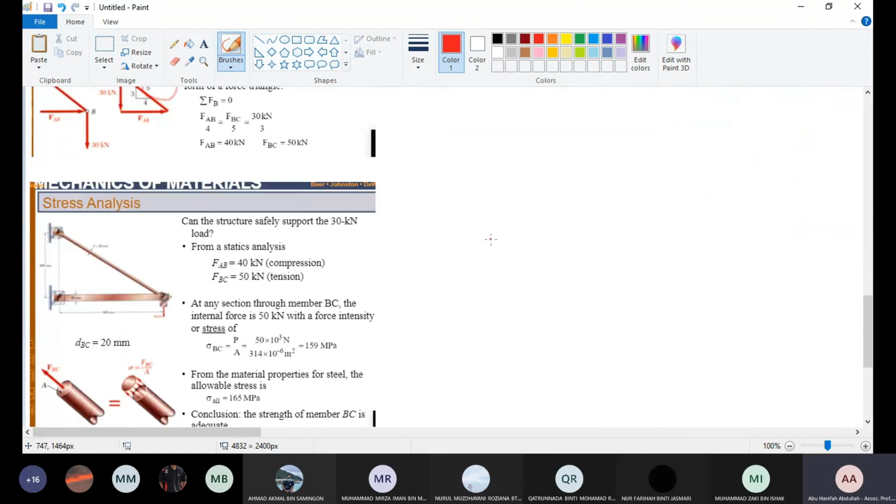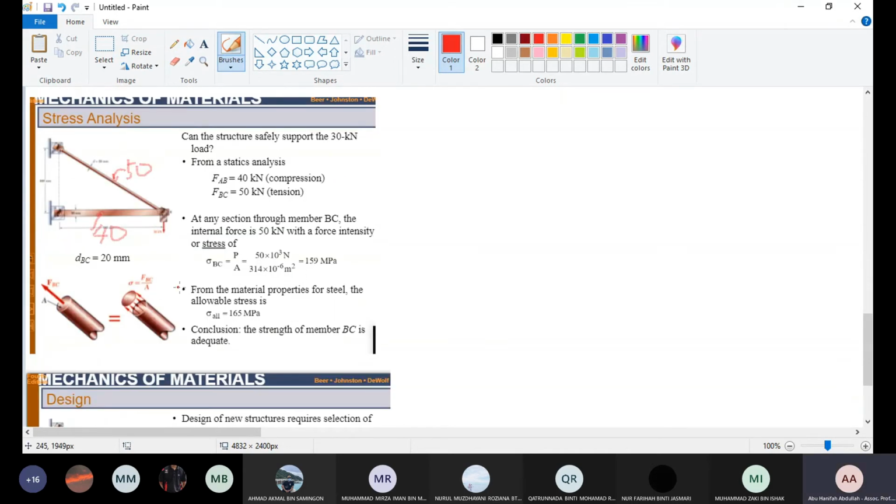The rest is simple. After you get all the forces, you know now already forces here. AB is 40, BC is 50. So those are the forces acting on this beam.